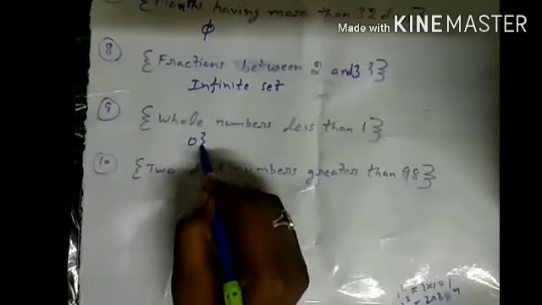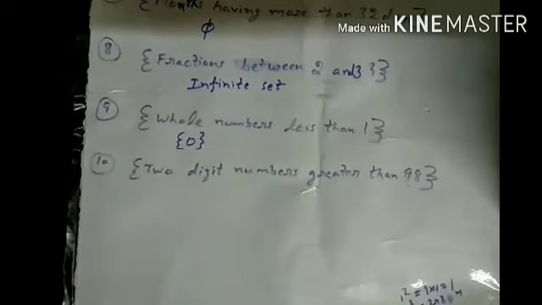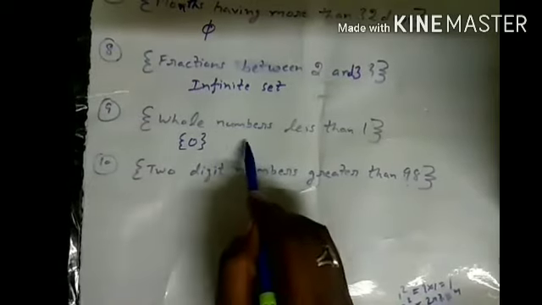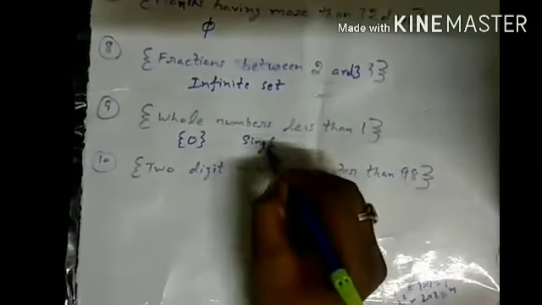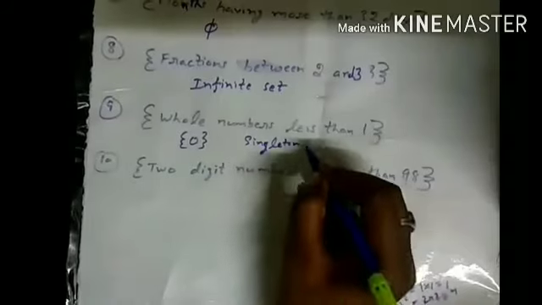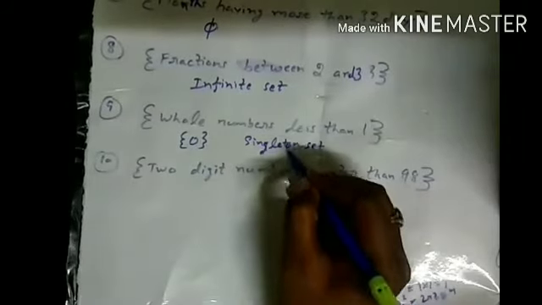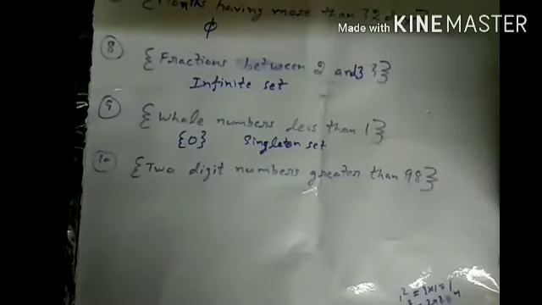Here only this member will be present in the set, therefore this is the singleton set. Singleton set means only one element is there in the set.